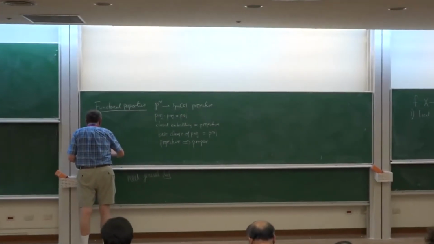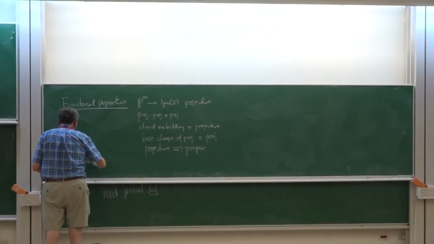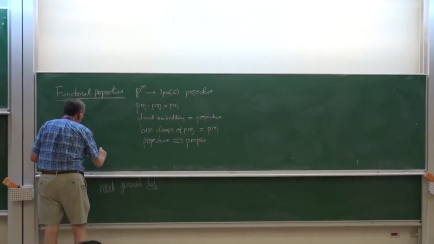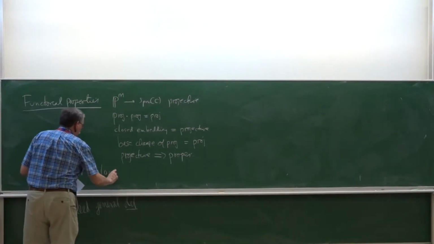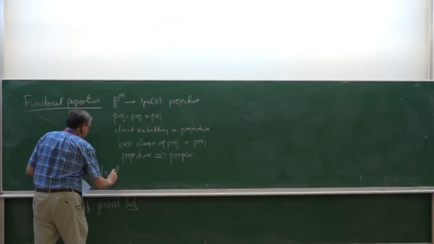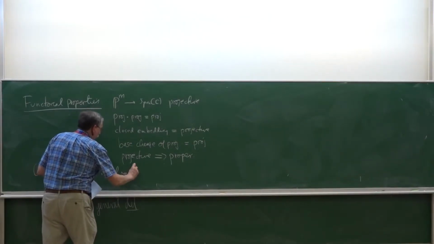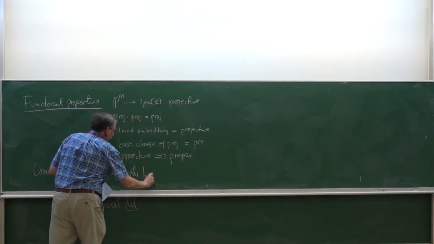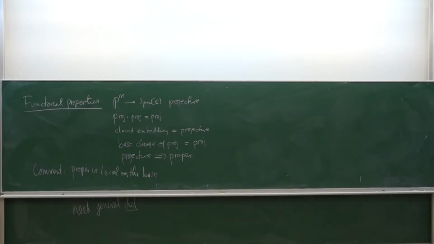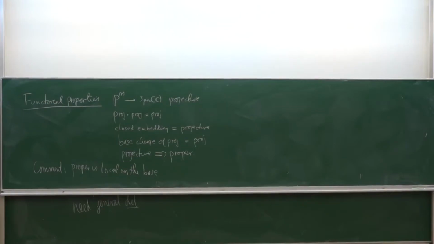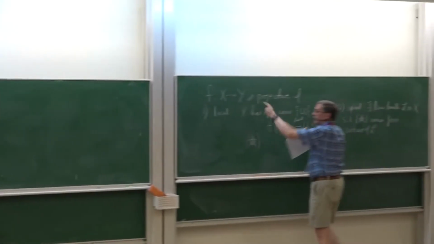And one comment is that proper is local on the base. Namely, if you give me a morphism and an open cover such that these guys are proper, then that guy is proper.